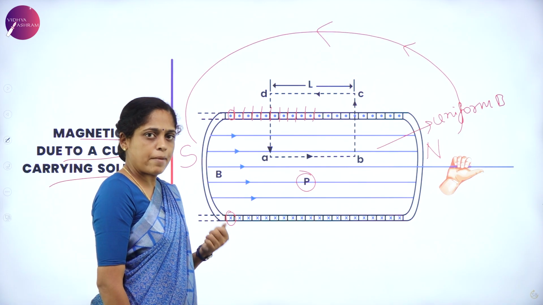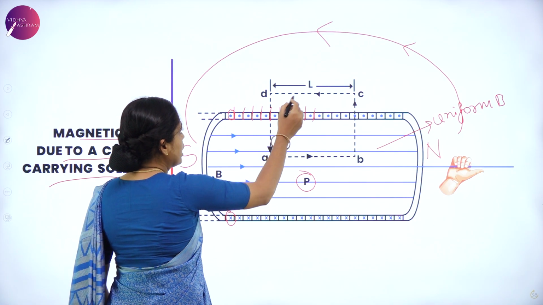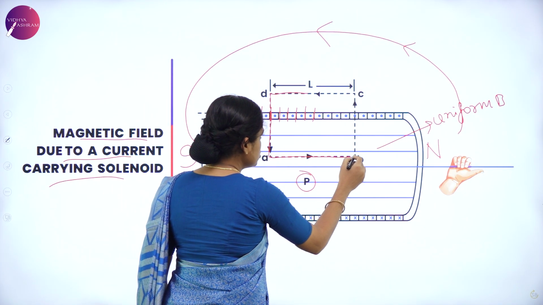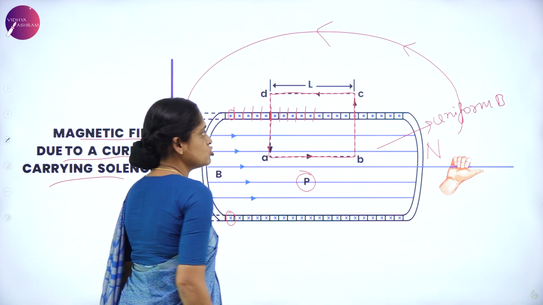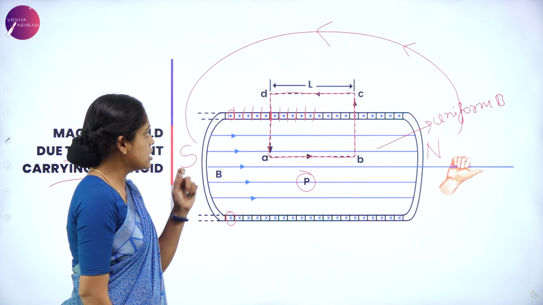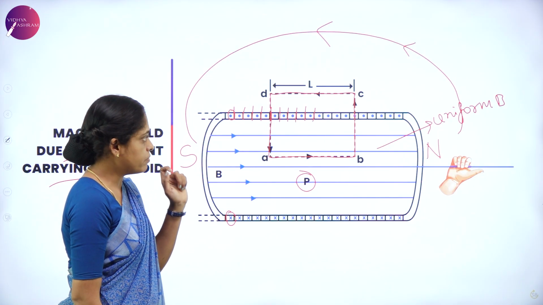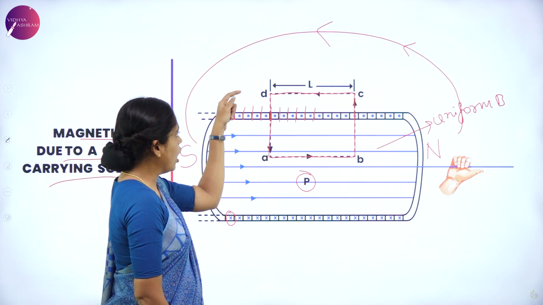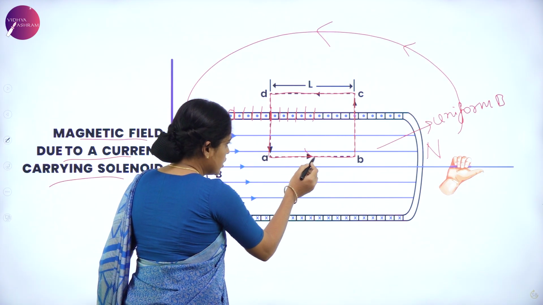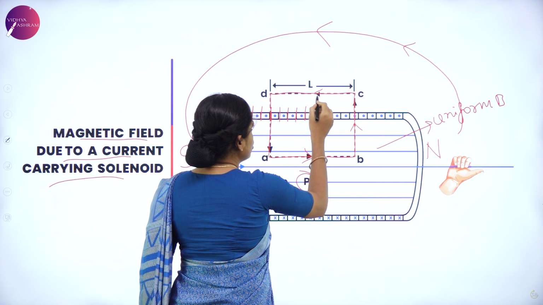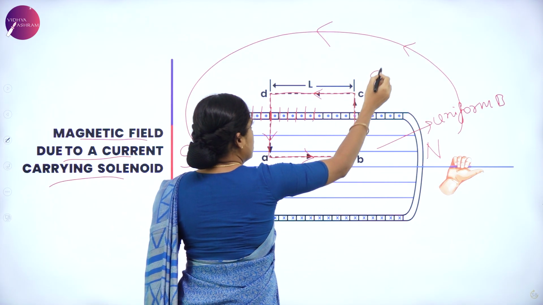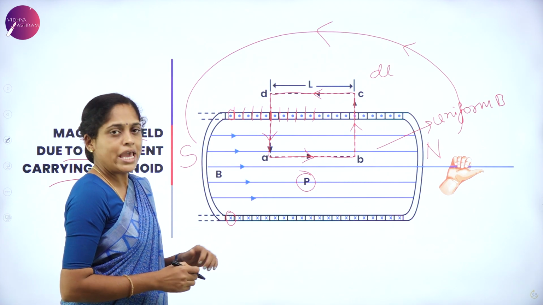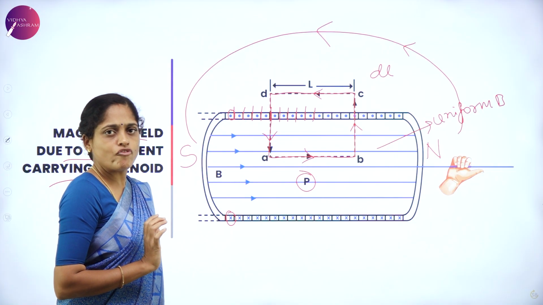Before applying Ampere's circuital law, you have to imagine an Amperian loop, which is an imaginary closed loop suitable for this solenoid to find the magnetic field strength inside the solenoid. Now in this, the direction of dl, which is a line element of this closed loop, is in the direction of current.